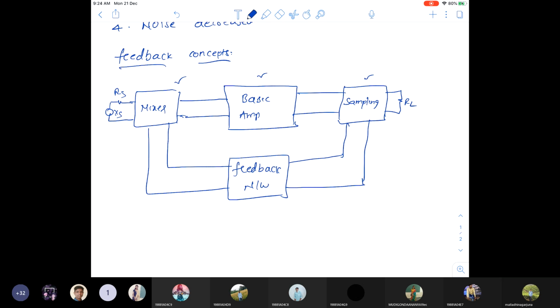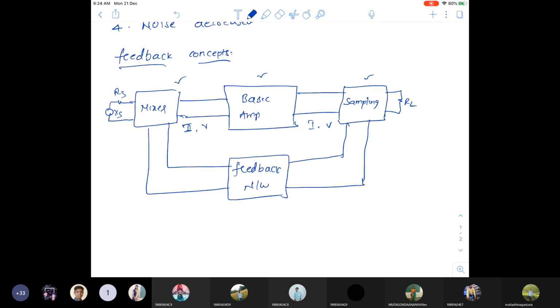First, let us look at the basic amplifier. We know that there are input electrical parameters, current and voltage, and the output also is current or voltage, depending on the generation of the signals. So the basic amplifiers are classified into four types.